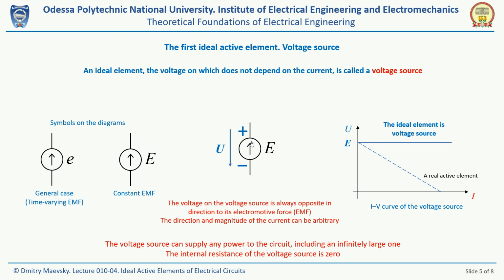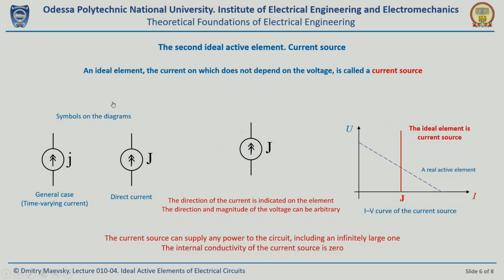Idealization of a real active element in the form of a voltage source is not the only possible option. Now we will turn to the study of another ideal active element of electric circuits. An ideal element, the current in whose terminals doesn't depend on its voltage, is called a current source.